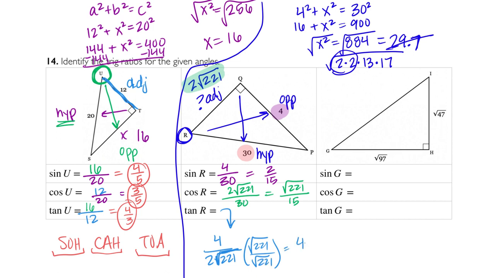So I have 4 root 221 over 2 times normal 221, because we had root 221 and we multiplied by another root 221. The 4 and the 2 can reduce, so that would make it 2 root 221 over 221.